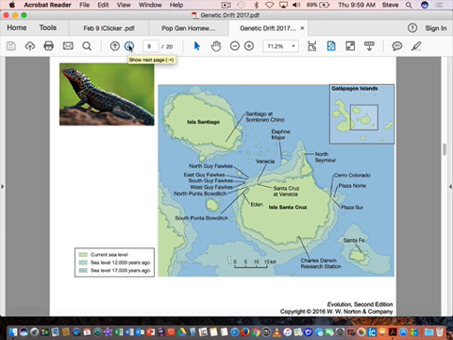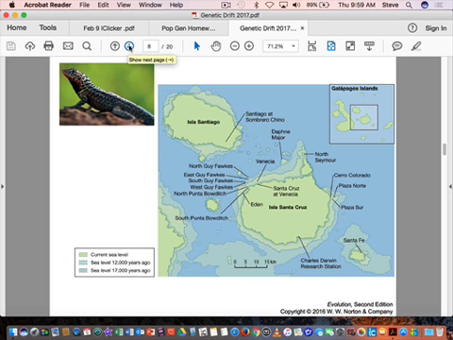You can't really see it here, but it turns out a lot of these islands were actually connected and part of the land of that island at the time. Then as the sea levels rose, they became isolated. So islands have become smaller, and these islands have become isolated from the bigger islands, okay?